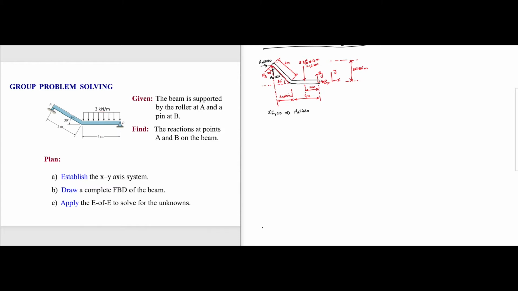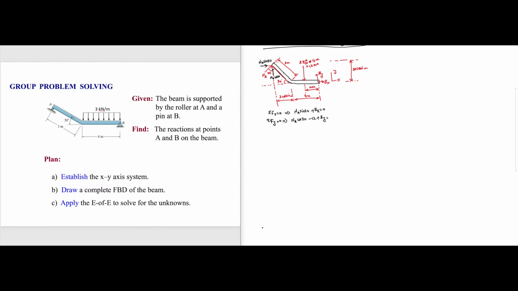So NA sine 30 positive, plus Bx is equal to 0. Then tell me sigma Fy equal to 0, sum of all the forces in the y. That would be NA cos 30 minus 12 plus By is equal to 0.